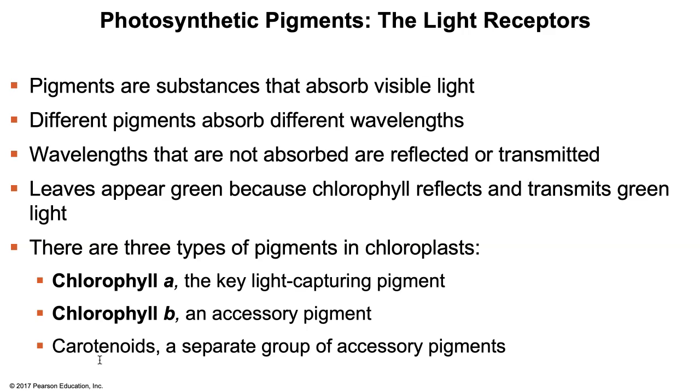An example of a carotenoid would be beta carotene, if you've ever heard of that, which tends to look orange, so it absorbs all the other colors other than orange. So carrots and yellow and orange vegetables and fruits have a lot of carotenoids, beta carotene for example. And if you eat too many of these, your skin will get an orangey tinge to it.